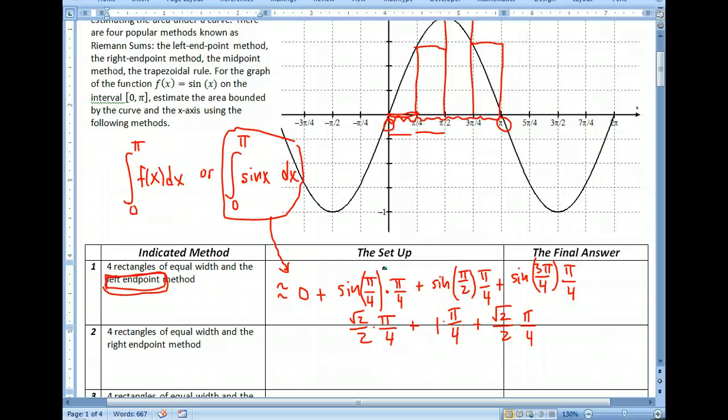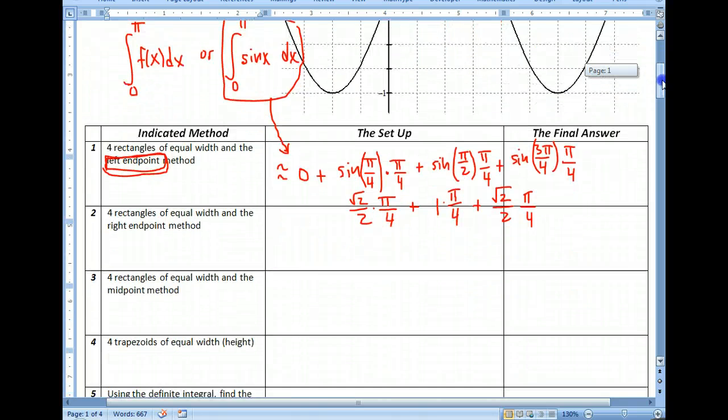They don't really care about the numbers. They also have approximations on the multiple choice part, and they have different setups where one's correct, but the other ones forget the pi over 4 to trick you, or they put pi over 2 to trick you. They do a lot of little things, but it's recognizing which setup is correct.